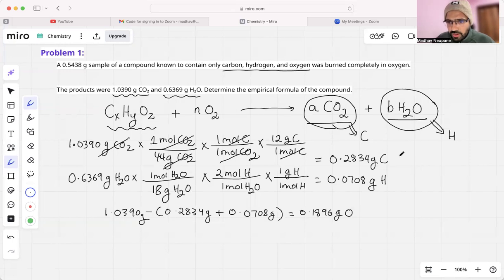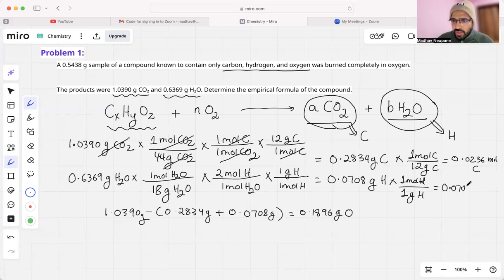So what I'm going to do is convert the grams of carbon into moles of carbon. So 1 mole of carbon on top, divide that by 12 grams carbon. That's going to give me around 0.0236 moles of carbon, not grams, because we need moles. And for grams of hydrogen, I'm going to do 1 mole of hydrogen on top, and 1 mole of hydrogen is around 1 gram hydrogen, so this is 1 over 1, so it's the same number, 0.0708 moles hydrogen.